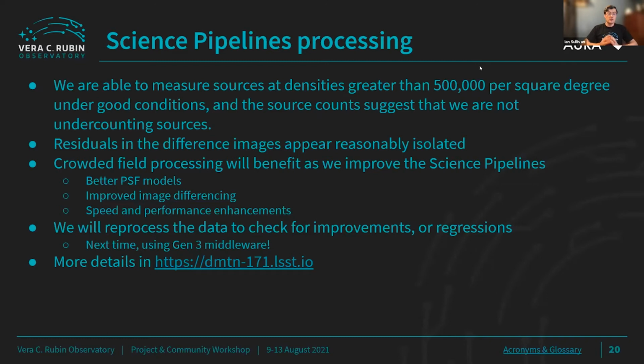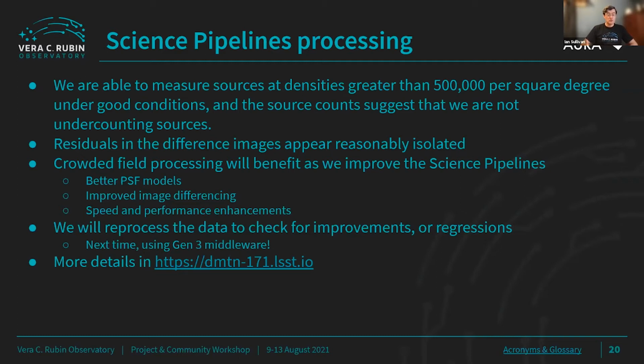And it looks as though some of the issues that were identified a few years previously may have been fixed within the pipelines, and it does not appear as though we are significantly undercounting sources at these fainter magnitudes. Within the difference imaging, those residuals appear reasonably isolated, which gives me good confidence in doing science or improving on those difference images, because we're going to be improving difference imaging for the rest of the survey already.